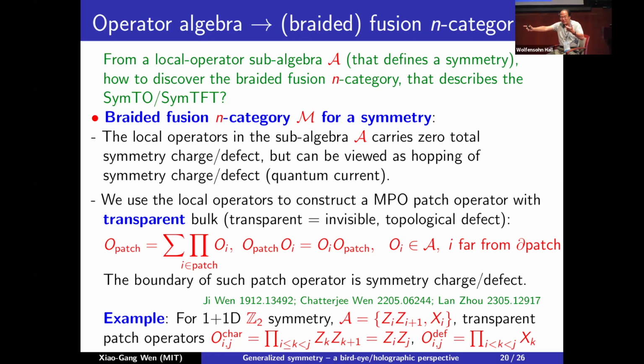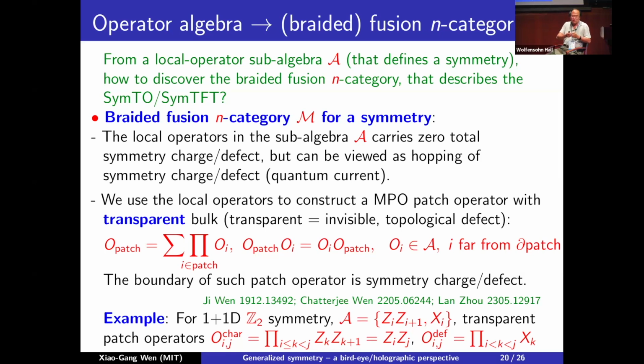Then you get a string operator. At the two ends of the string operator, you have a charge and an anti-charge, but very far apart. That's a way to discover there's a superselection sector hidden there. When you discover this hidden superselection sector in your local operator algebra, you actually discover the symmetry. So this is really the idea.